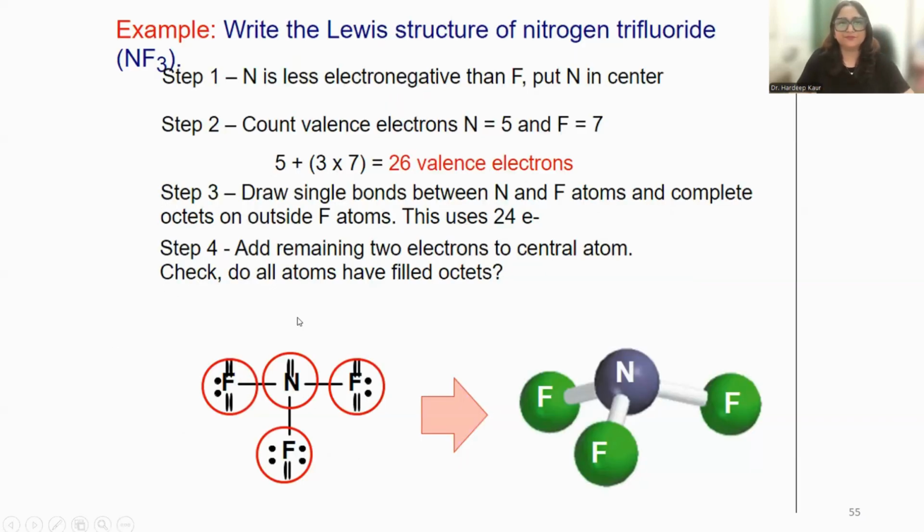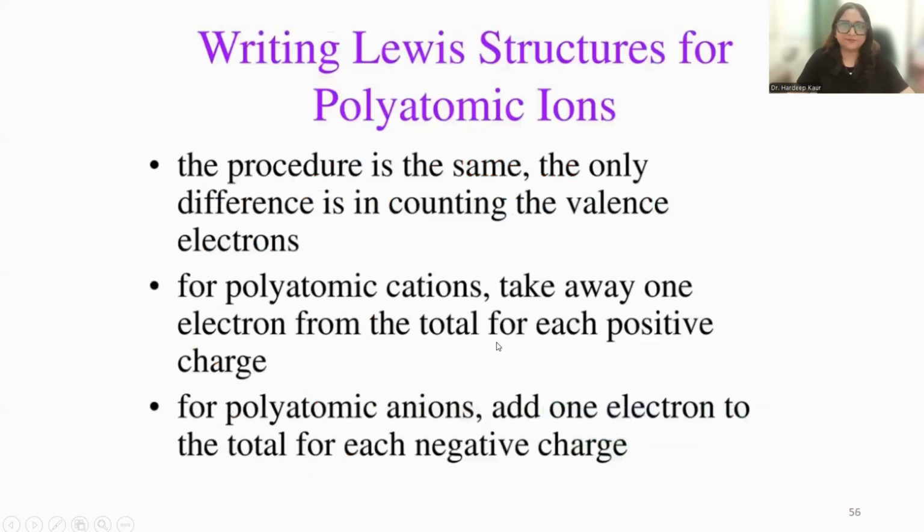N is less electronegative than fluorine, so you can put the N in the center and count the valence electrons. N has 5 electrons and fluorine has 7, which means 5 + 3 into 7. Why 3 into 7? Because 3 fluorine atoms are attached: first, second, and third. And every fluorine atom has 7 electrons. So you have to draw it, write it, and calculate.